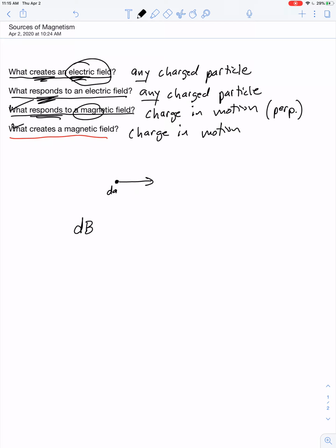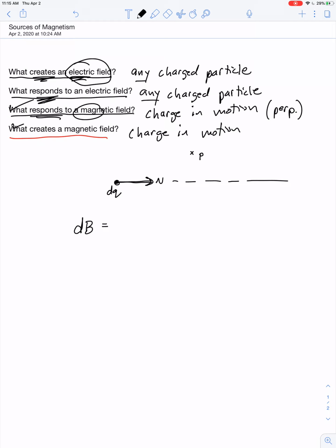So let's say there's this little charge dq moving to the right with a velocity v. The little bit of magnetism produced at, let's just pick any point in space there, that little spot, we'll call that point P. The little bit of magnetic field at point P due to this charge in motion can be calculated according to a formula.